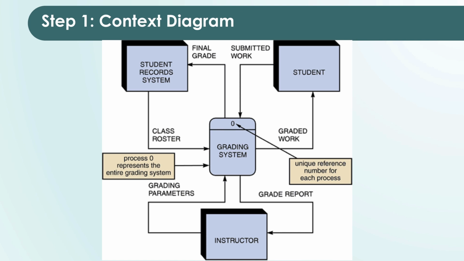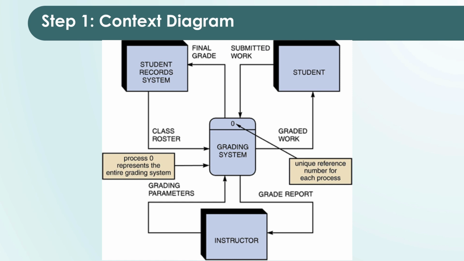To draw a context diagram, you have to start by placing a single process symbol in the center of the page. Here in this example, the process symbol is named grading system, and it is referred to as number 0. Number 0 is the unit reference for the process.